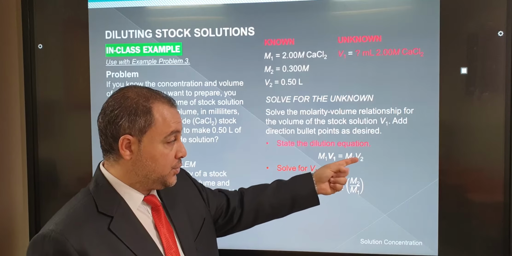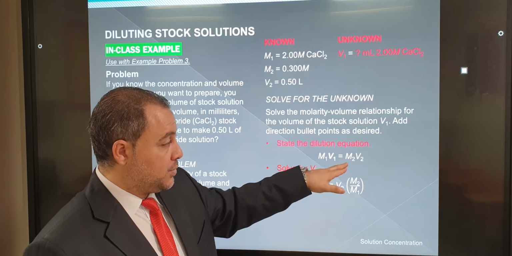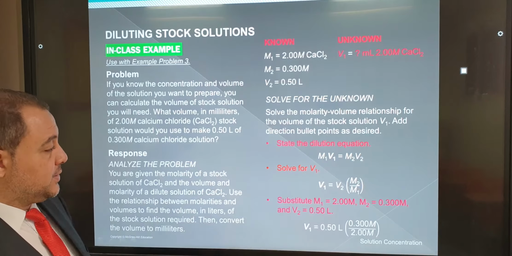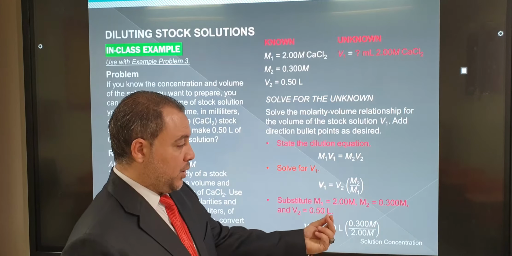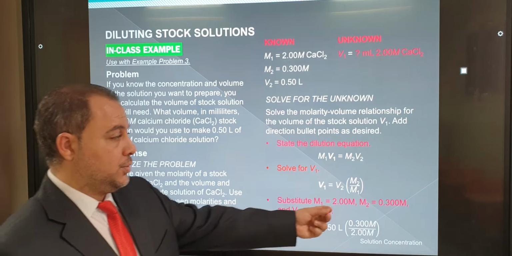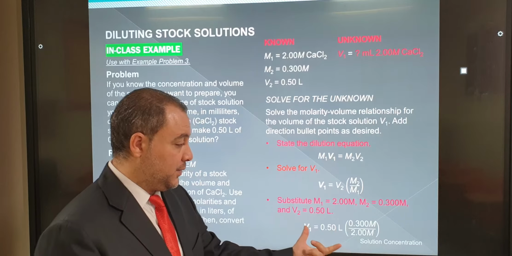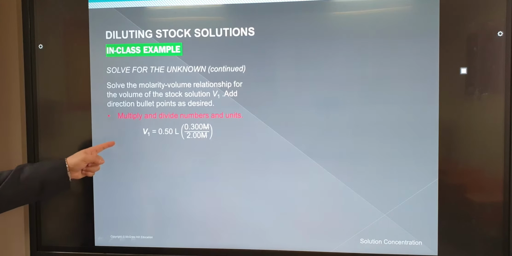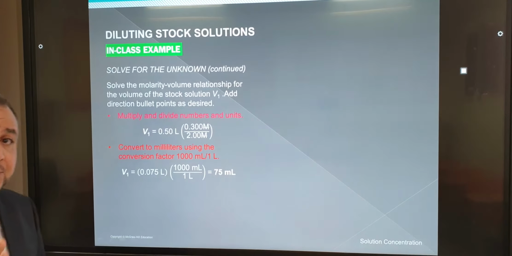Then substitute: M1 equals 2 moles, M2 equals 0.3 moles, V2 equals 0.5. By calculating this equation, we get V1 equals 75 milliliters. It's very easy.